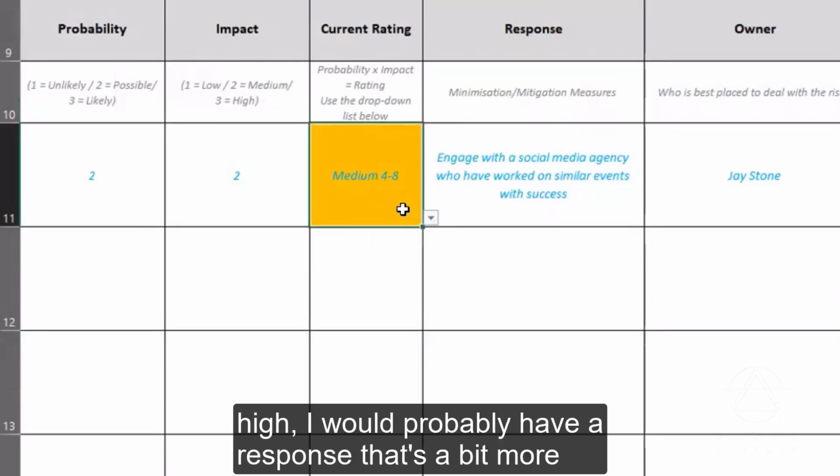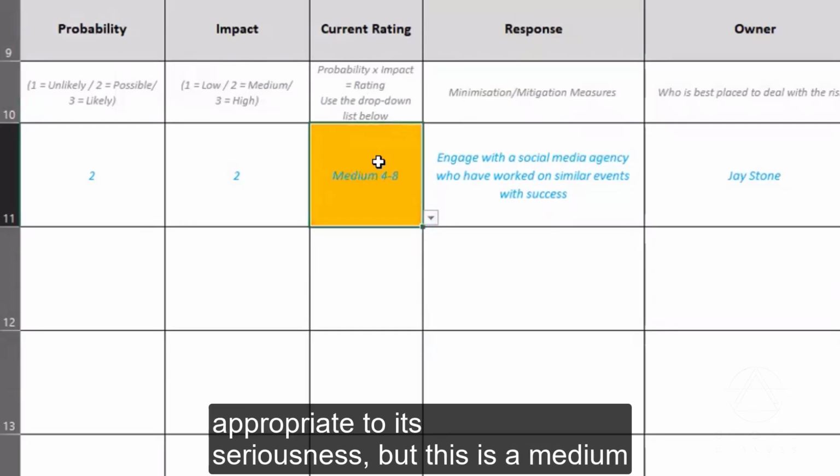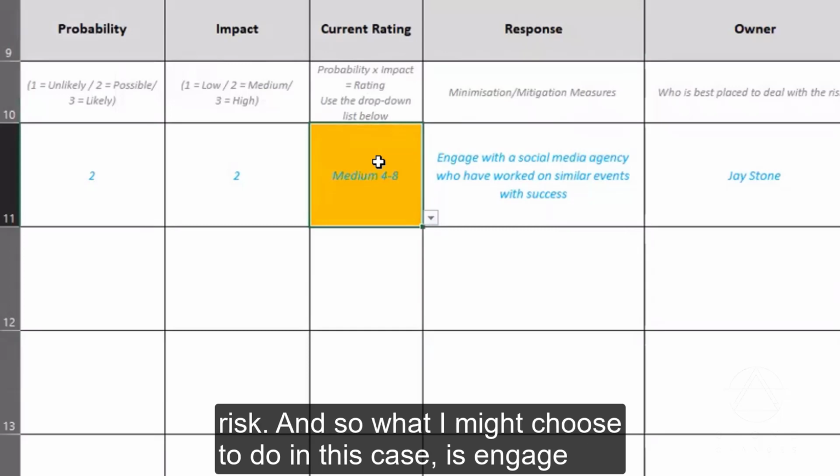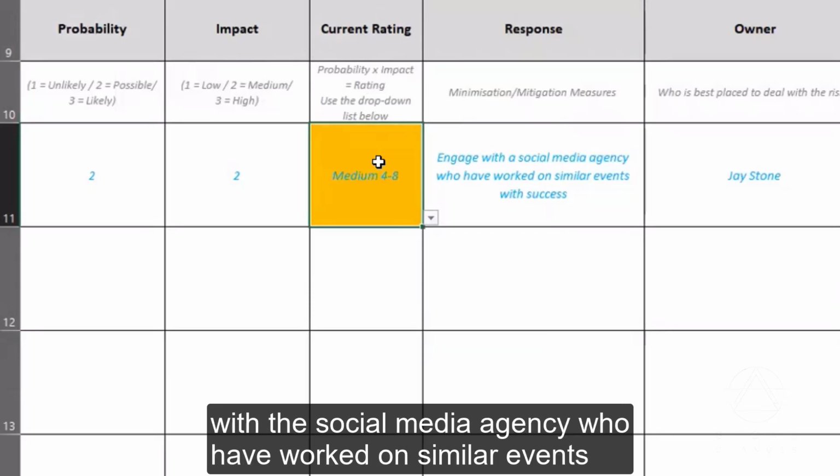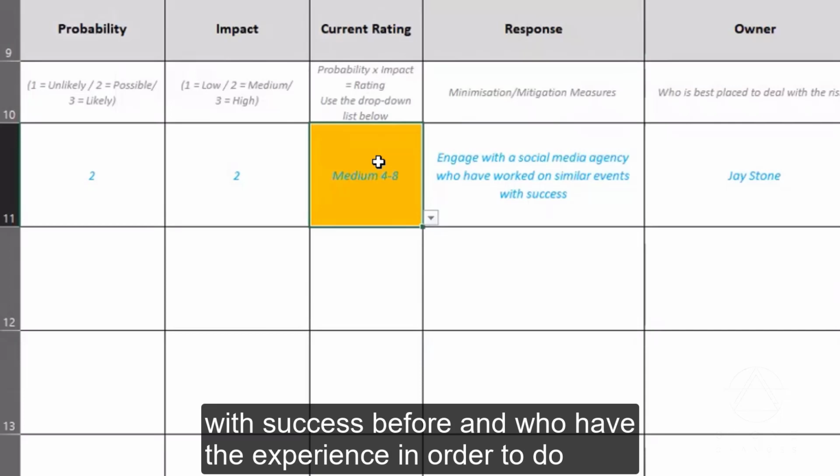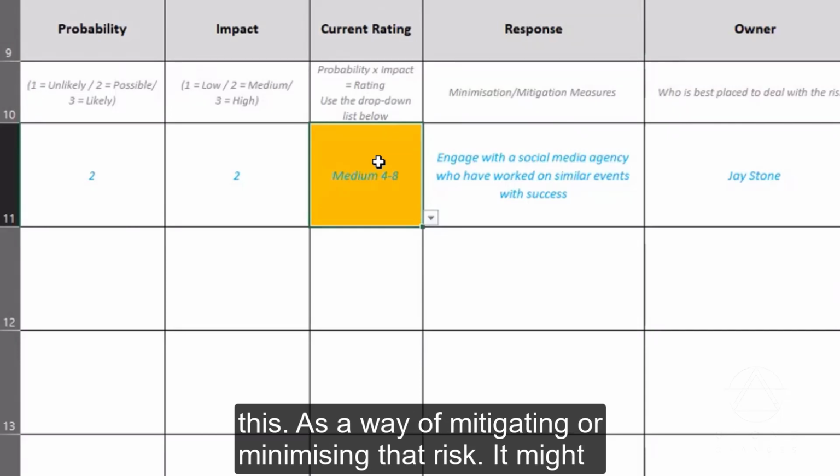If this were high, I would probably have a response that's a bit more appropriate to its seriousness. This is a medium risk, and so what I might choose to do in this case is engage with a social media agency who have worked on similar events with success before and who have the experience in order to do this, as a way of mitigating or minimizing that risk.